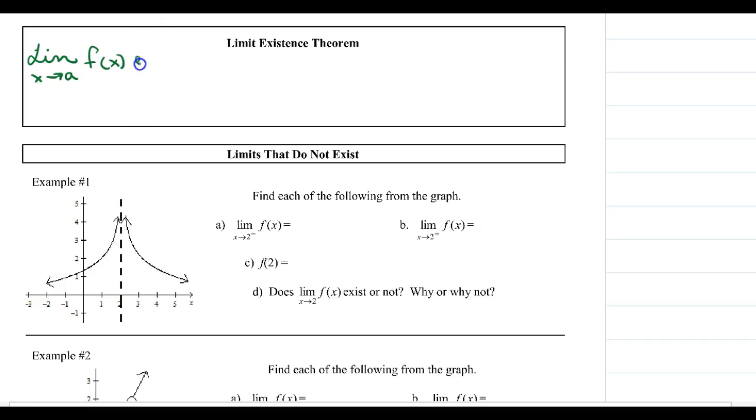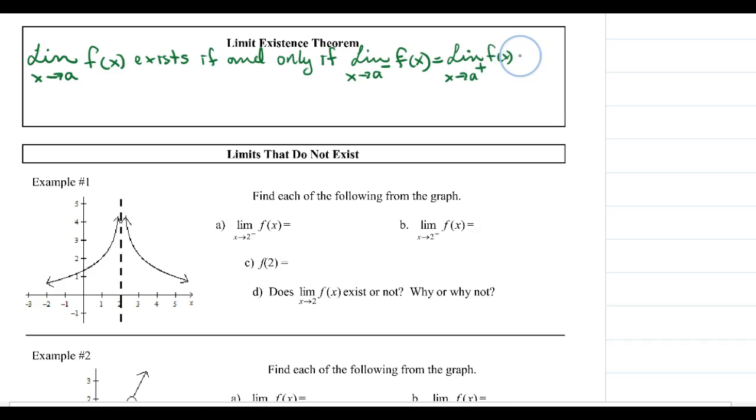The limit of a function exists if and only if the limit as x approaches that same number, a, from the left of the function equals the limit as x approaches a, that number, from the right of the function. They need to equal each other, and they need to equal some number that is a real number.